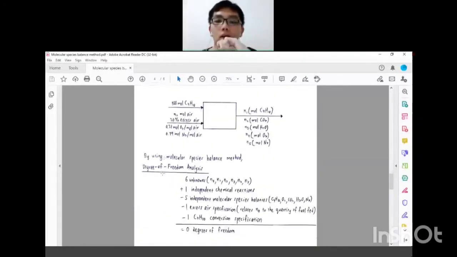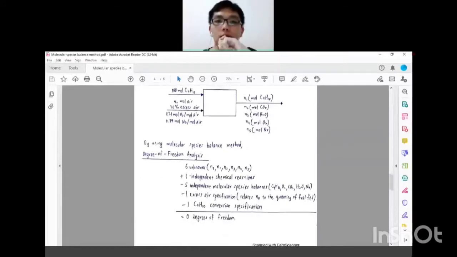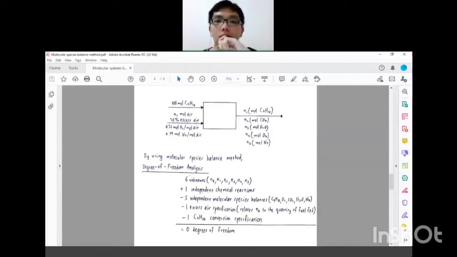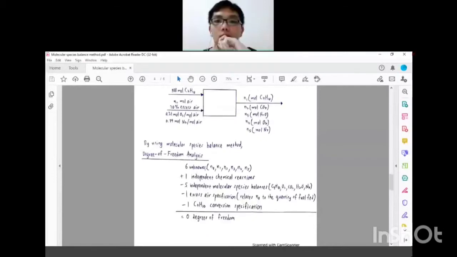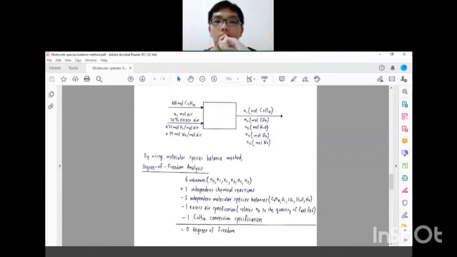You will go to the degree of freedom analysis, and in the degree of freedom analysis, there are 6 unknowns which involve N0, N1, the number of moles of the butane, N2, the number of moles of the carbon dioxide, N3, the number of moles of water, N4, the number of moles of oxygen, and the number of moles of the nitrogen, N5.